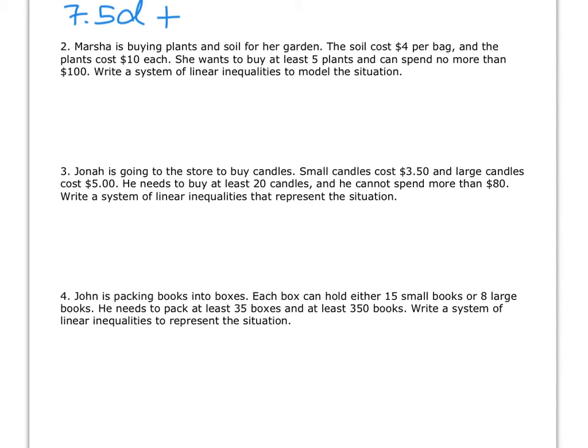Plus $6 times C. So that's $6 times the number of hours you spent at the car wash job. Altogether, you want that to be more than or equal to 92.